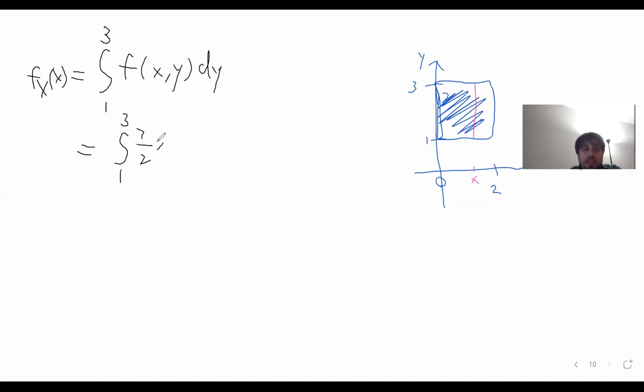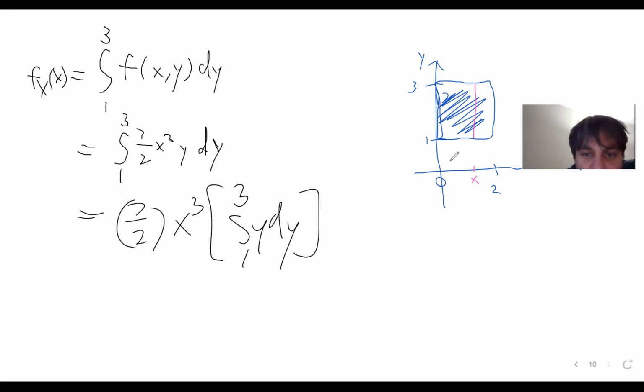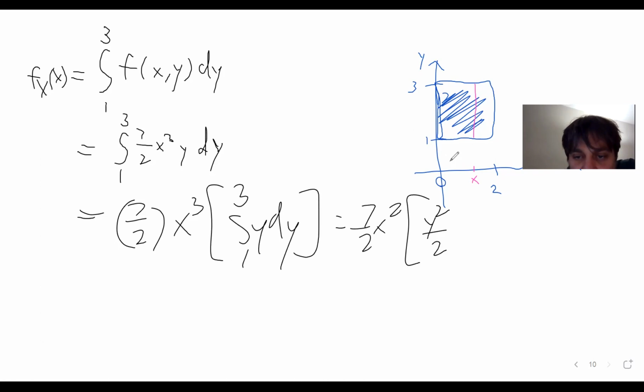7/2 x cubed y dy. So this is equal to 7/2 times x cubed because it's a constant. And now the only thing that isn't a constant is y. So it's the integral from 1 to 3 of y dy. And that's equal to 7/2 x cubed, and then the y becomes y squared over 2 as an antiderivative evaluated from 1 to 3.